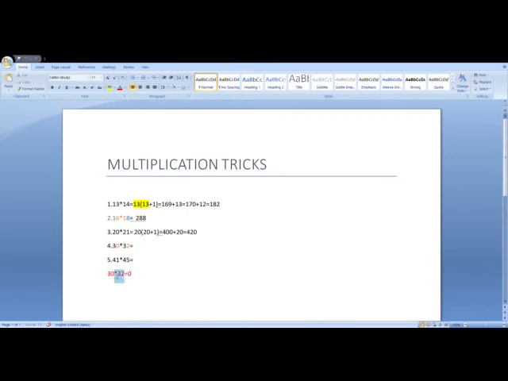Middle terms, 3 into 0 is 0. The middle term 0 plus the last two terms 3 into 2 is 6. That means 0 plus 6, which is 6. Now the first terms, 3 into 3 is 9.